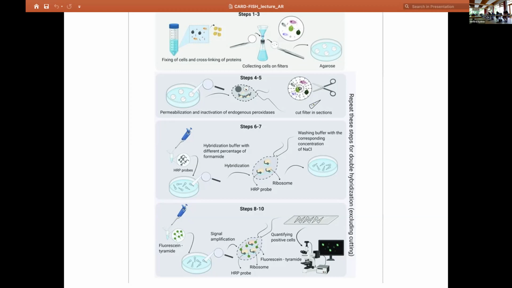For bacteria, you need to permeabilize the cell wall of the bacteria, because you want the probe to go inside the cell. For the fungi, you need to do the permeabilization because the chitin wall also has to be permeabilized, okay? And then you can inactivate the peroxidase because it would give you an unspecific signal too.